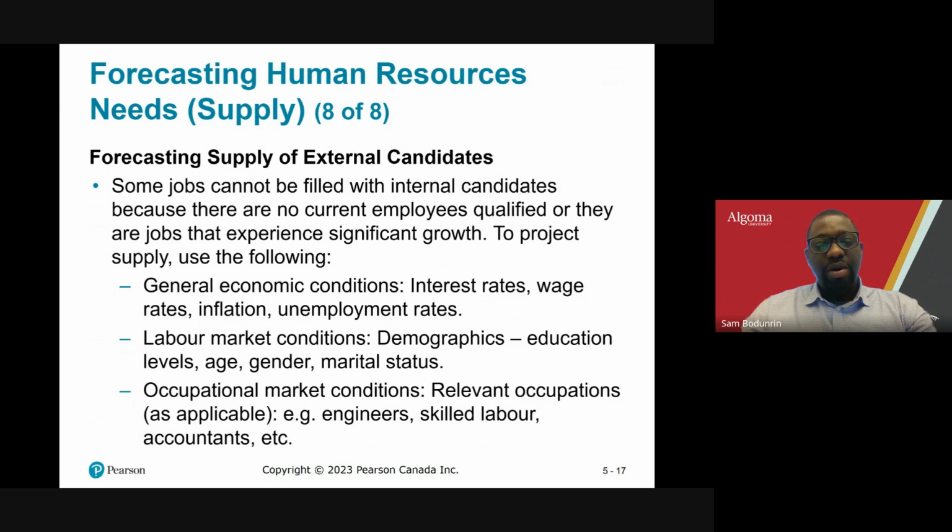Okay, so let's talk about forecasting supply of external candidates. We're done with internal. When you're forecasting the number of external candidates, you're talking about advertising and knowing the number of applicants and candidates that you need to employ from outside. When you're doing this, you need to pay attention to environmental scanning.